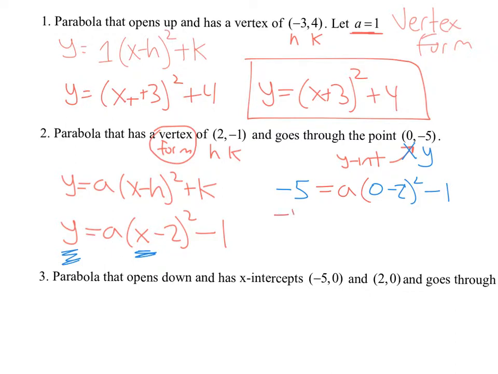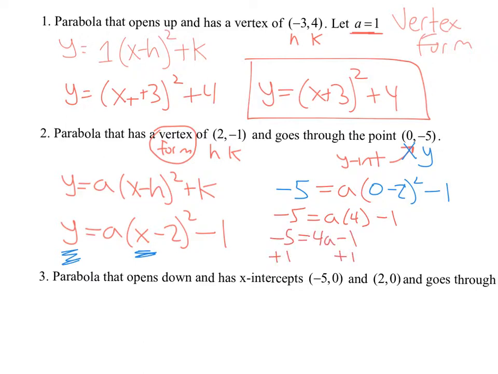So this is -5 equals a. 0 minus 2 is -2, but -2 squared is 4. So I'm going to go a times 4 minus 1. Now I can just solve for a, because this equation really says -5 equals 4a minus 1.